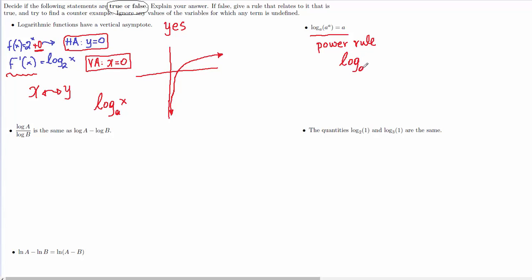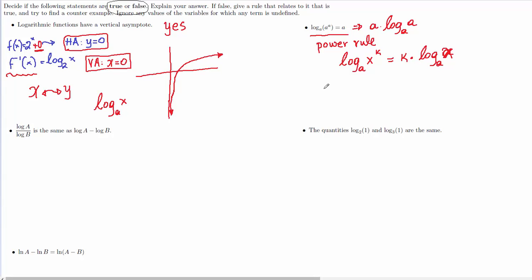So if we have log base a of x to the k, this is what the power rule says, then this is nothing else than k times the log of base a of x. I'm sorry. Okay, so following that power rule in order to solve this problem, it tells me nothing else than a times log with base a of a.